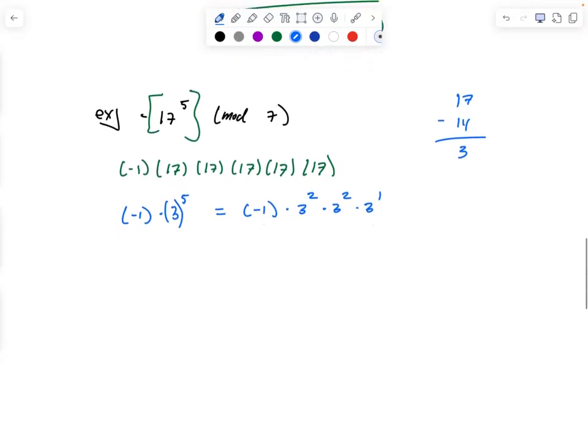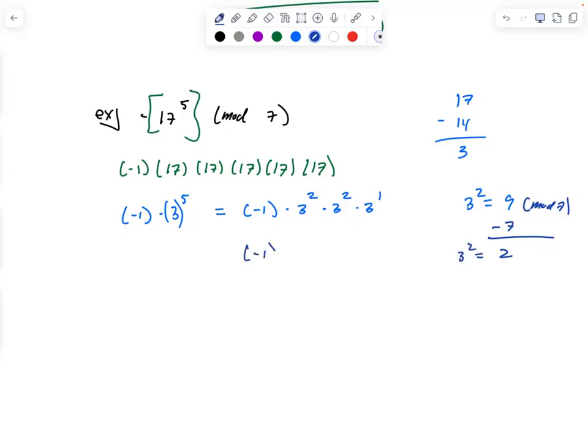So what's 3 squared? It's 9, but remember it's mod 7. So we're going to subtract how much? 7, which is going to give me 2. So 3 squared is equivalent to 2.